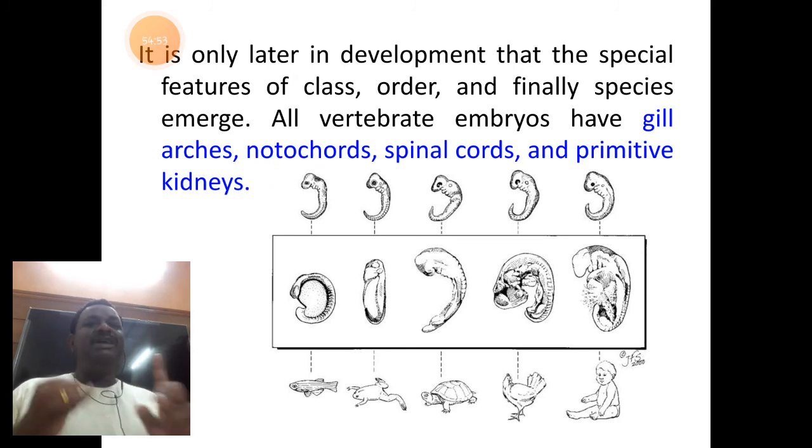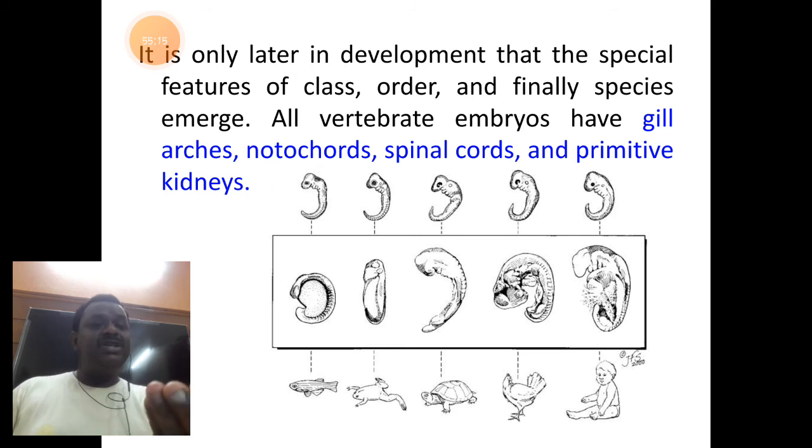So all vertebrates will have gill arches common, notochords common, spinal cords common, primitive kidneys common, nervous system common, etc. These are all primitive characters which start appearing in the initial stage, which later is followed by the developmental stages related to special characters.